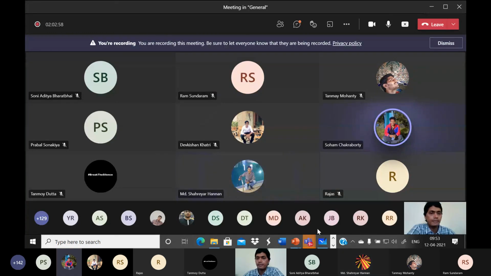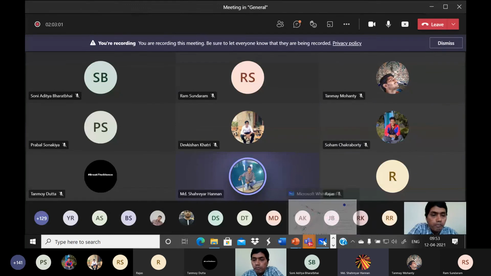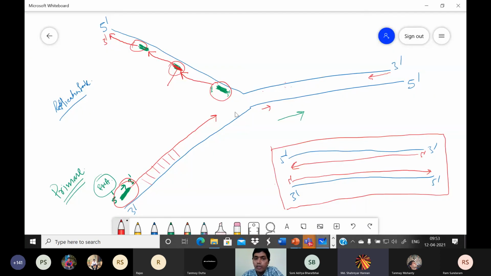Sir, why is the RNA primer in small fragments? That's because it is the lagging strand. In order to put one primer and synthesize, you have to put the primer somewhere here, but this part is not available. The fork is moving in this direction along the long DNA, so only this portion is available.